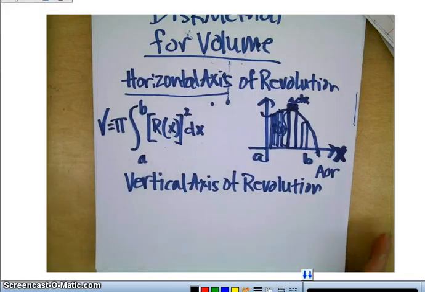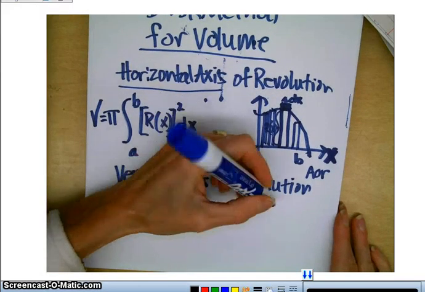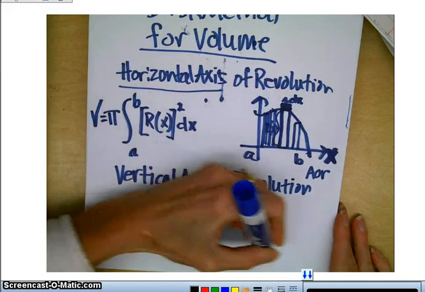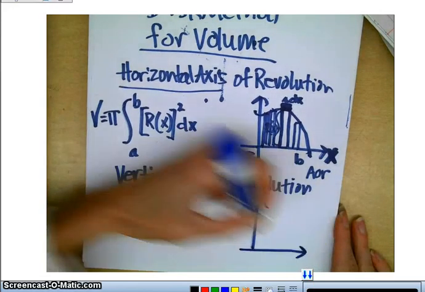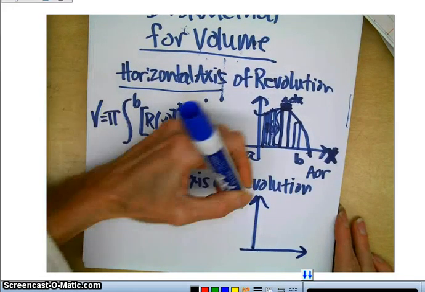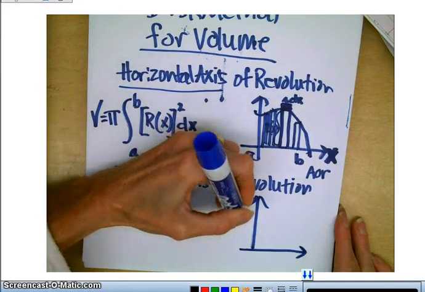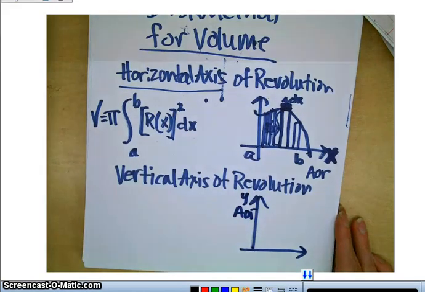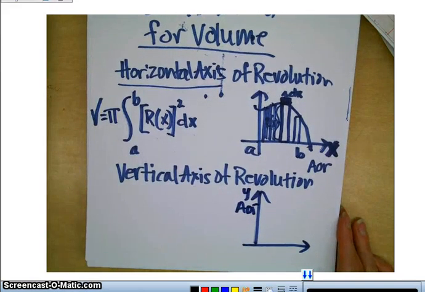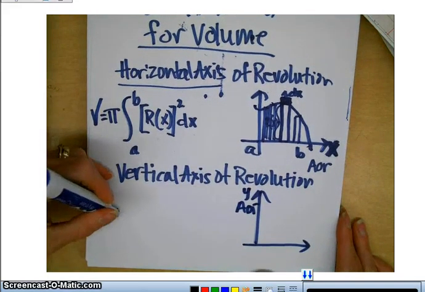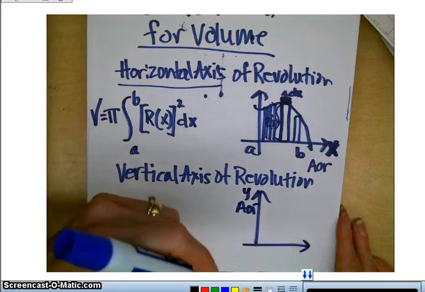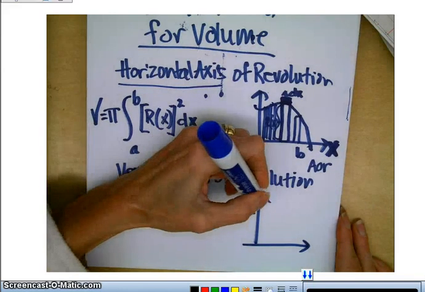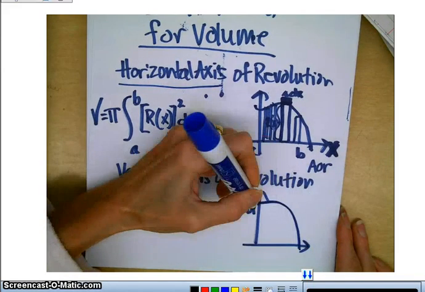Okay? If it's a vertical axis of revolution, this time this would be with respect to y. This time your y is your AOR, your axis of revolution. Your key here is that your functions, your radius, you'd be looking at y values.